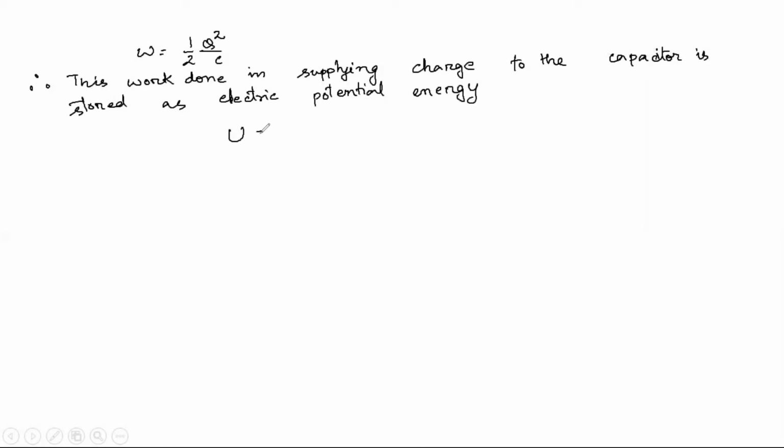That is why we are going to use this U expression. This is the general representation of potential energy, and that is nothing but half Q square by C. Alright, this can be equation number 3. Again, we have this relation Q equals CV. So this potential energy can be expressed in terms of capacitance and potential.